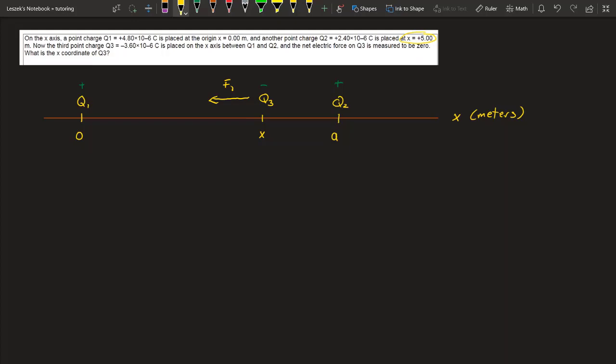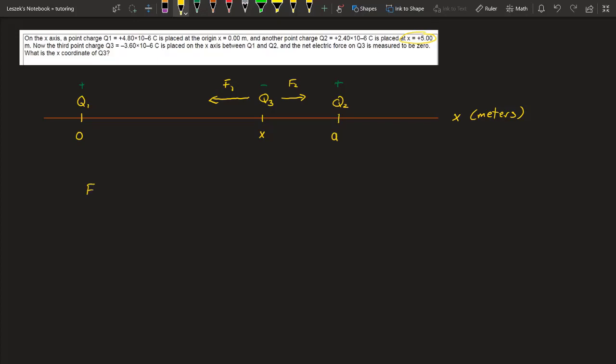And we see that our negative charge 3 will be attracted to charge 2 as well, but that'll be to the right. And we want to place our negative charge just in the right place so that those two forces cancel. So let's first use Coulomb's law to find expressions for force 1 and force 2.